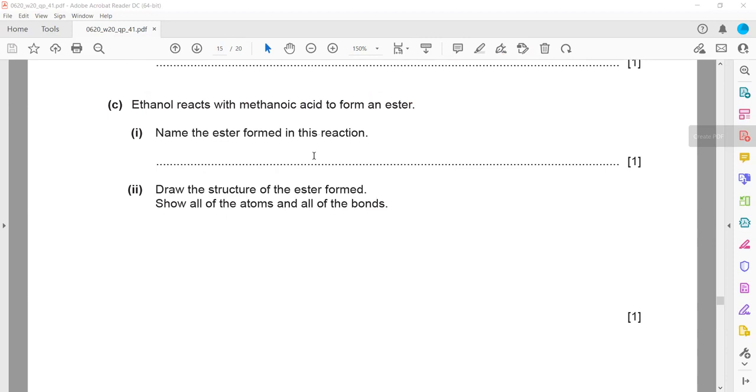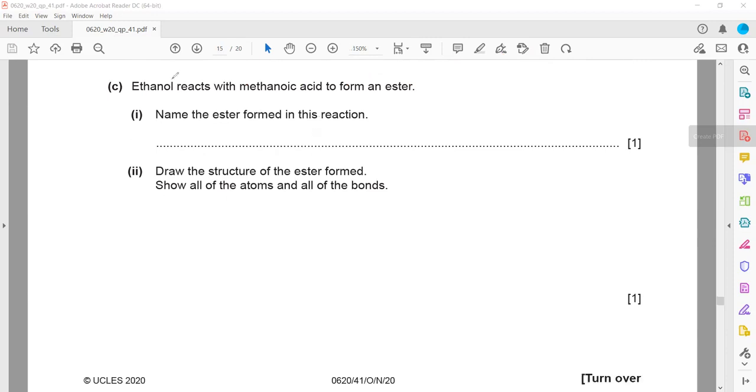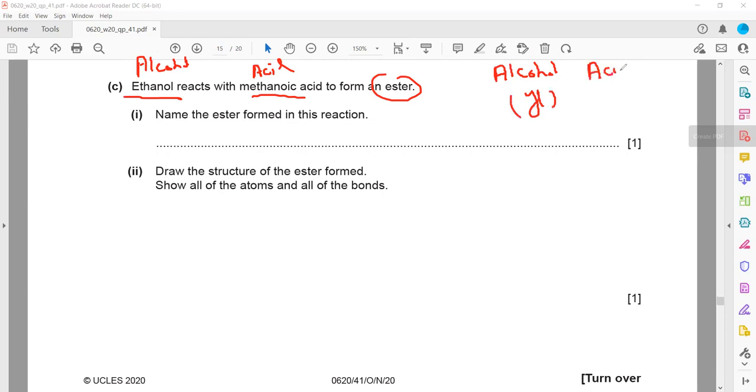In part C, ethanol reacts with methanoic acid. Remember, whenever alcohol is mixed with carboxylic acid, it will form an ester. The first name of the ester is always from the alcohol and it should contain YL, and the second name is from the carboxylic acid, so it should have OATE.